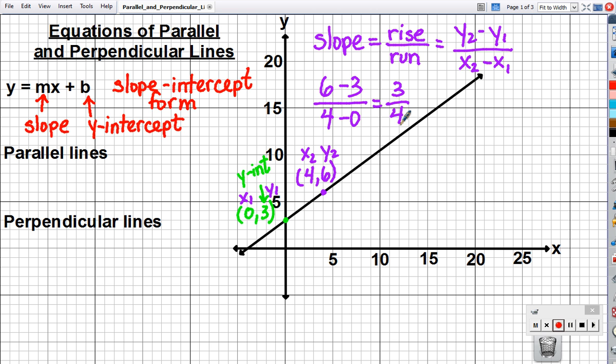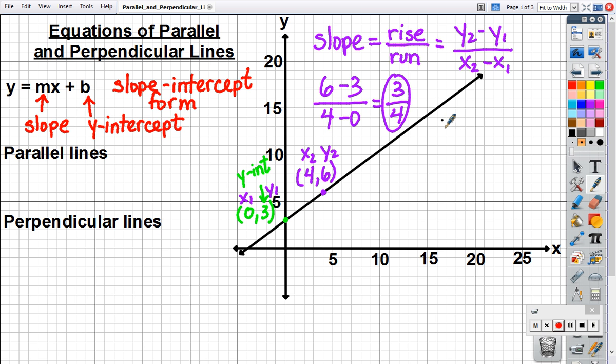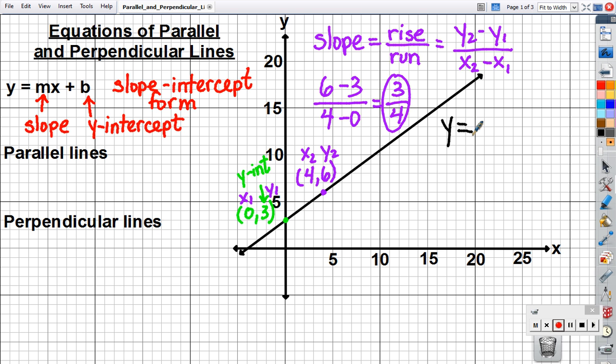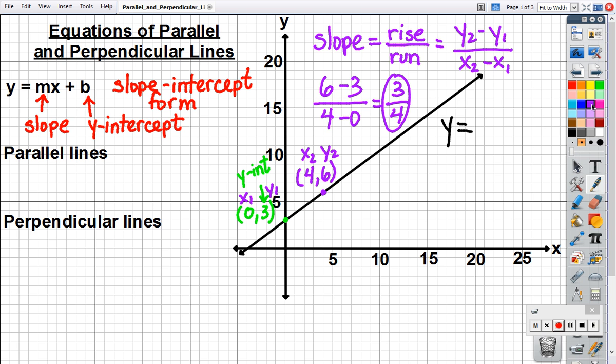This is my slope. So if I write the equation of this line in slope-intercept form, I write y equals 3/4 x plus my y-intercept, which is 3.